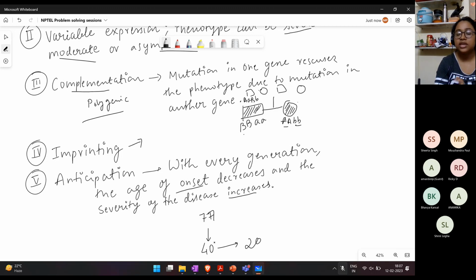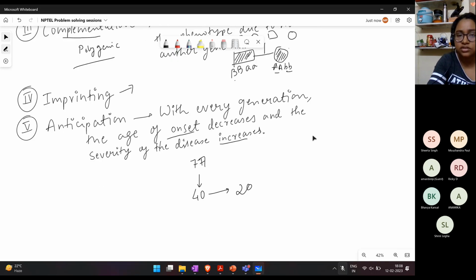So like this, the age of onset is decreasing, and the disease is also becoming more severe, making the lifestyle of the person more difficult and increasing the risk of death. This kind of transgenerational inheritance of a particular disease also complicates pedigree analysis. So these are a few other complications.